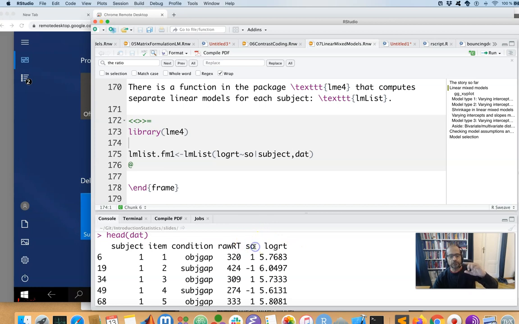Then we have the contrast coding +1 -1 for subject and object relatives. Basically, the lmList function will fit a linear model of log RT as a function of subject and object relative clause for each subject. Notice that you could have done this for items as well. You could replace subject with item and have a separate linear model for items also. But right now we are only focusing on the subjects.